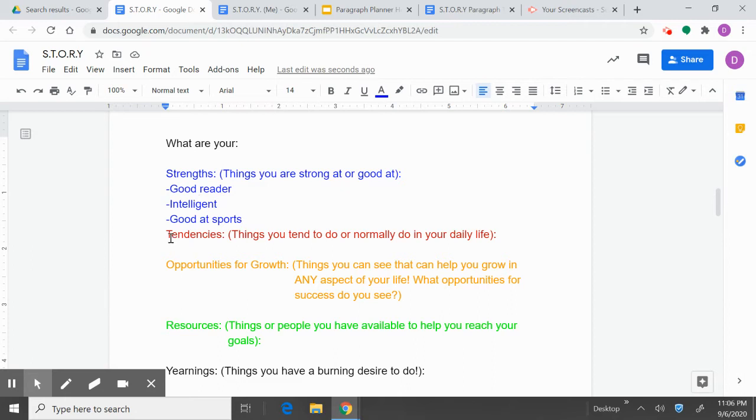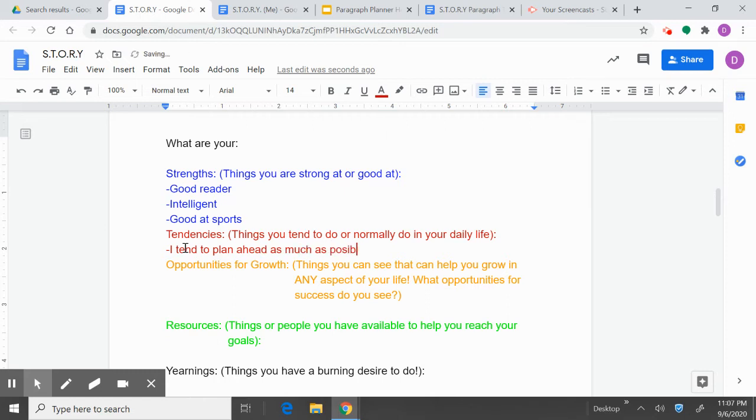What are your tendencies? Now, tendencies can be positive or negative. We have many positive tendencies, things that we tend to do in our normal life, but sometimes we have things that are negative. Myself, I tend to plan ahead as much as possible.